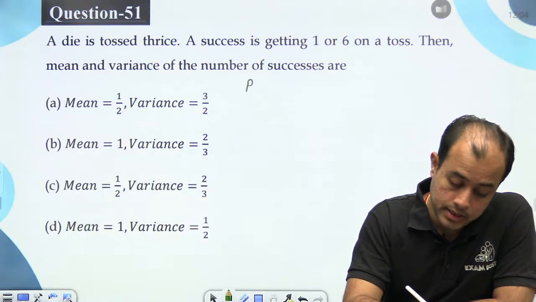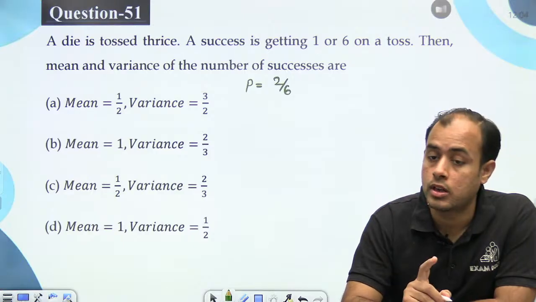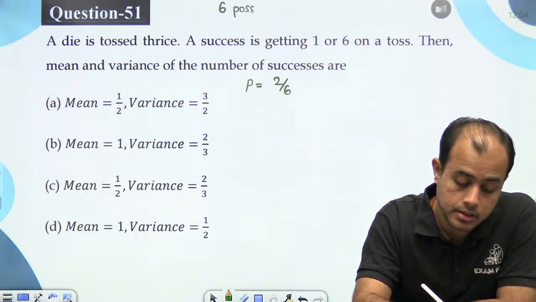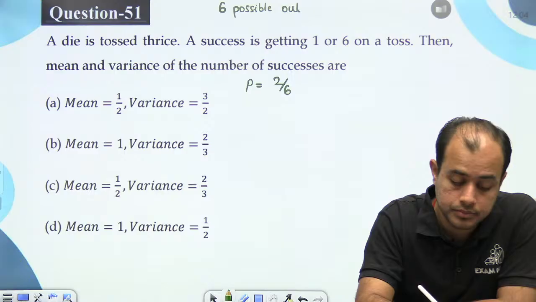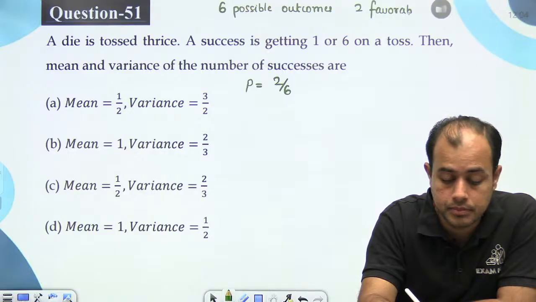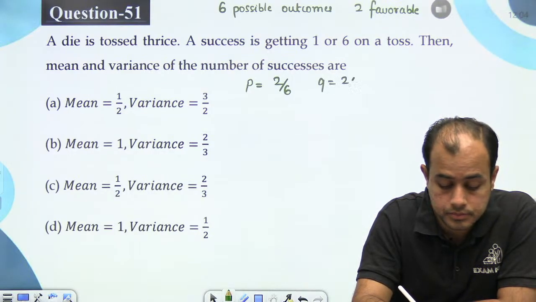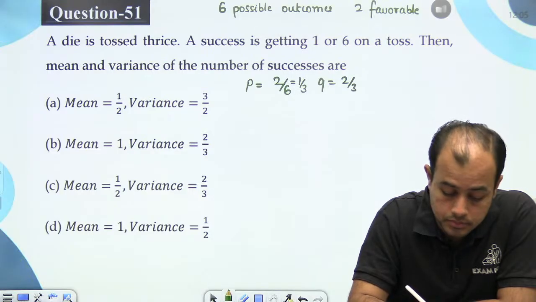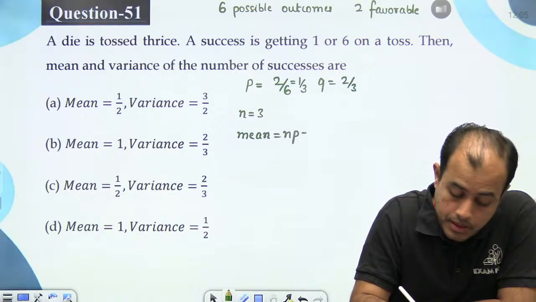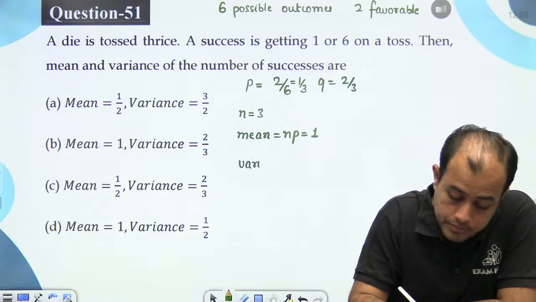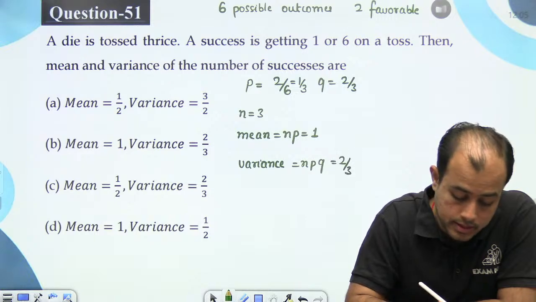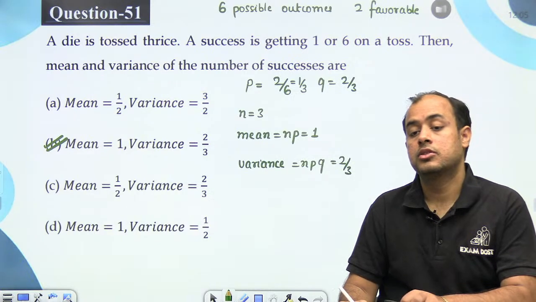So probability of success is 2 by 6 because we either need 1 or 6. There are 6 possible outcomes and 2 are favorable. Mean equal to np, variance npq. 2 by 3. This is a binomial random variable. So the answer is B.